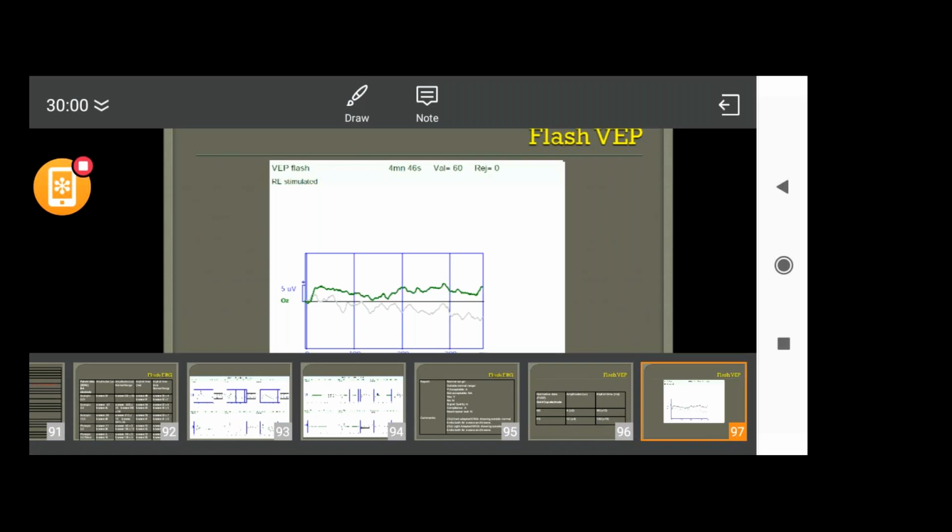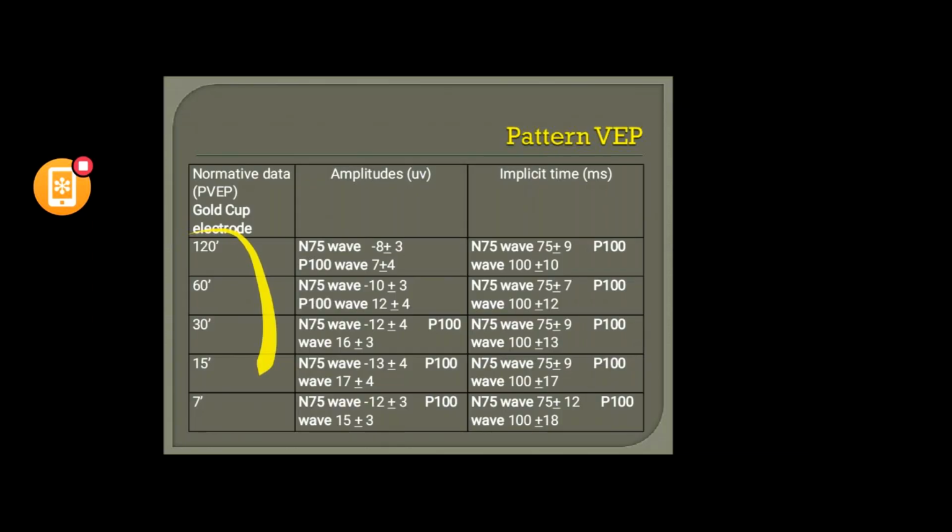So now coming on to the pattern VEP. Pattern VEP has different parameters that you have to keep in mind. It ranges from 120 minutes till 7 minutes. 120 minutes is almost 2 degrees. Then it ends up at 7 minutes. Here what you are doing is changing the target.